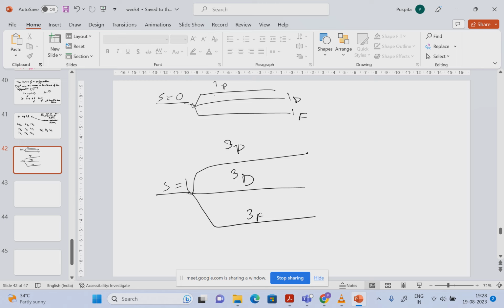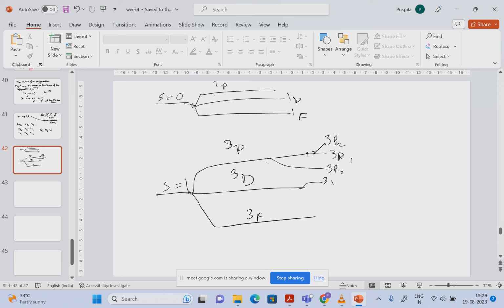For S is equal to 1, P will be at the upper state, then D, then F. But here, the largest S is at the lowest, the largest L is at the lowest, but the largest J will not be the lowest. The lowest J will be the lowest. So this will be 3P2, then 3P1, then 3P0.